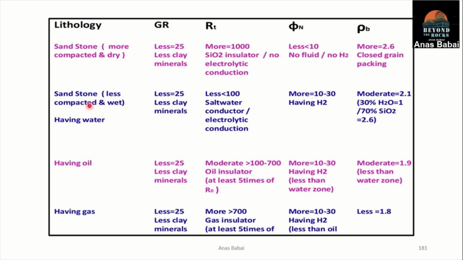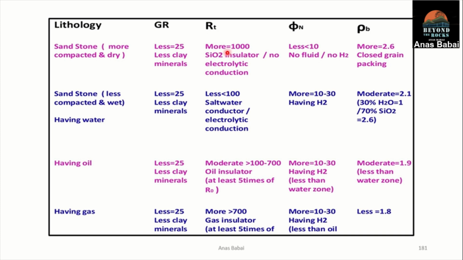Here we can see the same sandstone, but less compacted and wet. Of course, the gamma ray will not change because the lithology is sandstone, but you can see the difference that fluid can make in the resistivity, because the resistivity, as we said, depends on the type of the fluid in the reservoir.